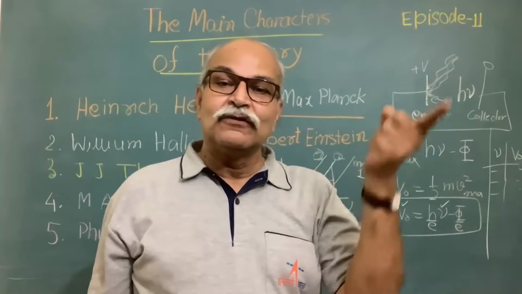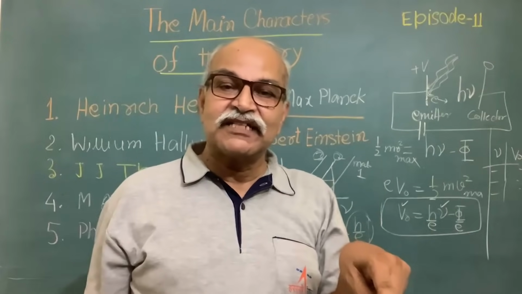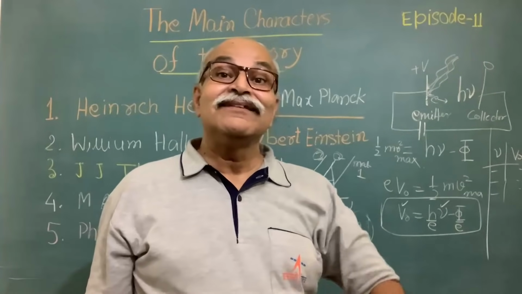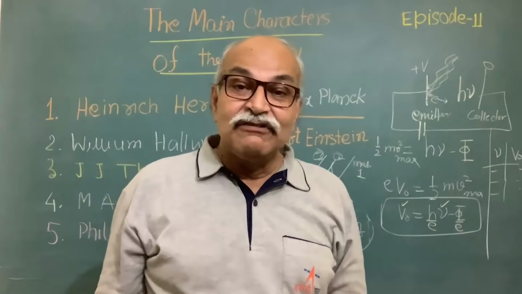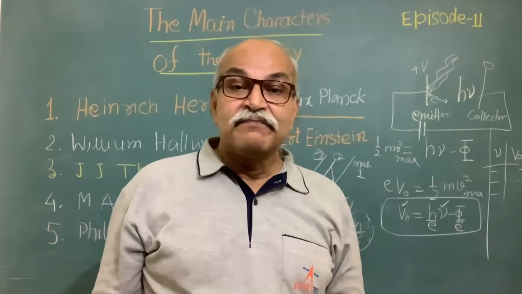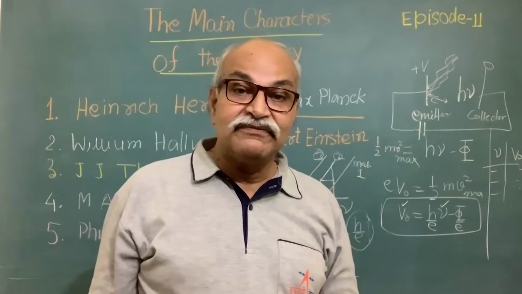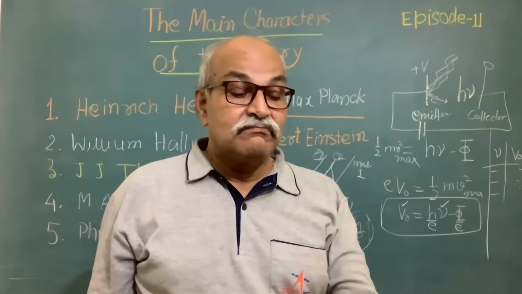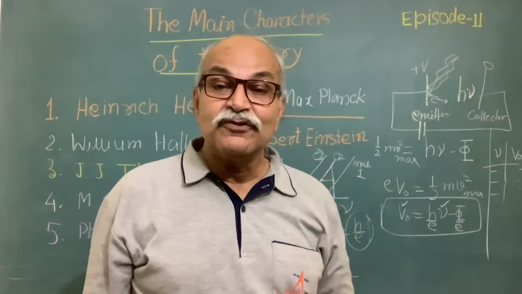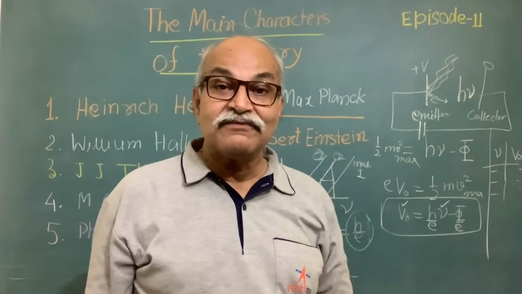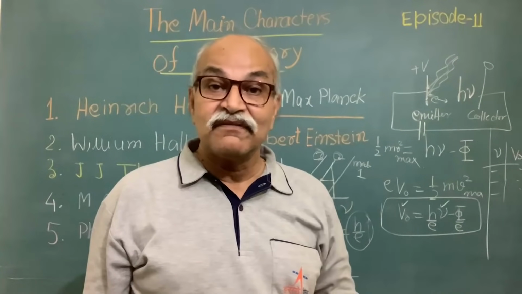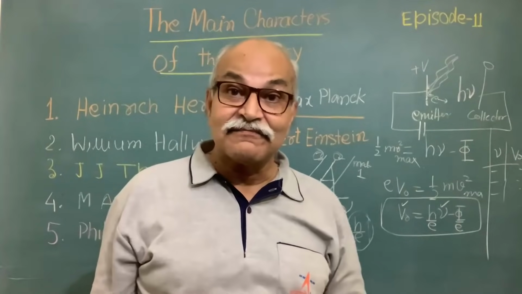All those experiments, interference, diffraction, polarization, and then Maxwell's theory, which so wonderfully predicted that electromagnetic waves should have the speed c, 3 into 10 to the power 8 meter per second, which matched so well with the speed of light measured by that time.